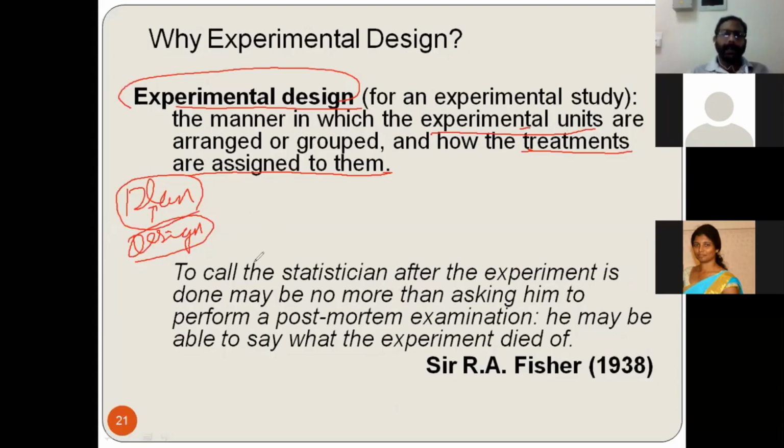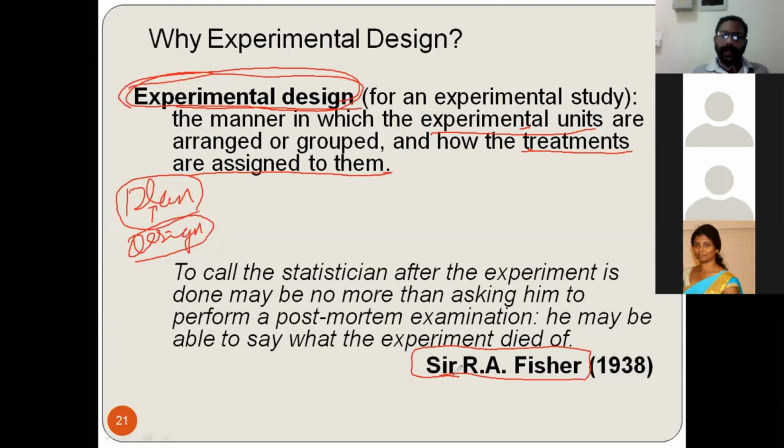Right. Why is this experimental unit important? Why do we want to have this experimental unit? Anyone knows who is this Fisher? Sir R.A. Fisher was a statistician who lived in the UK. He is called the father of modern statistics.